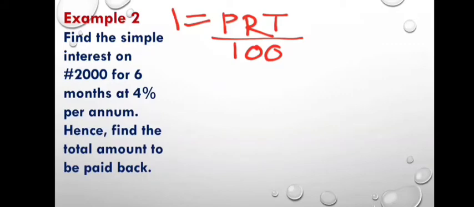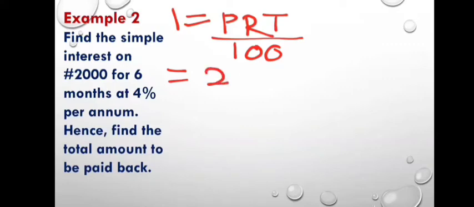So the next step is to go straight to the calculation. Here we have 6 months. So we are given in months, we base it over 12, because in a year we have 12 months. So we convert the 6 months to years by dividing by 12. So we're going to have 2,000.